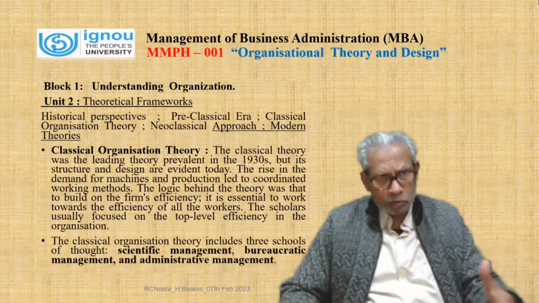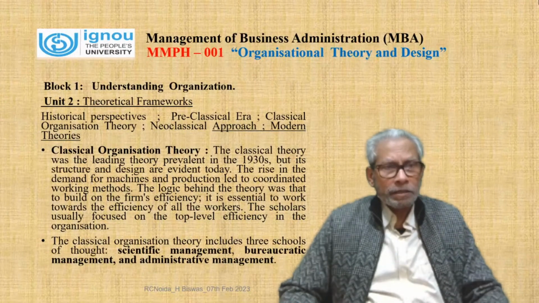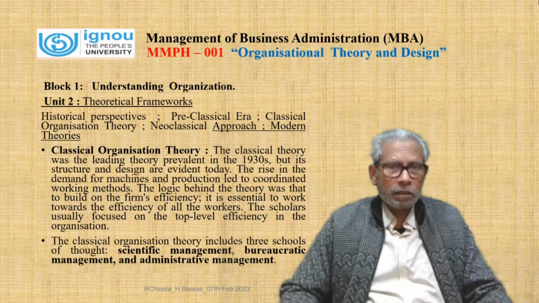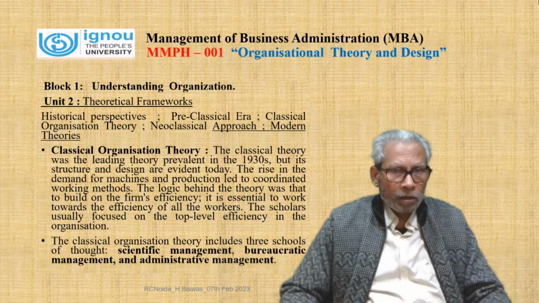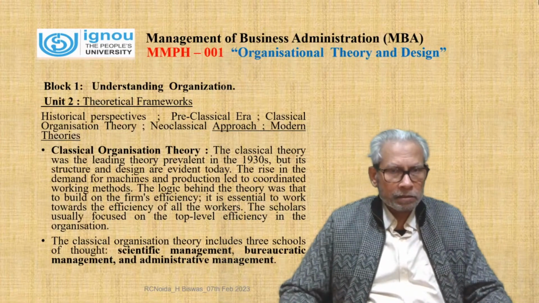Before that, in the slides so far, we have discussed the pre-classical era. Now we are entering the classical organization theory. The classical theory was invented in the 1930s, but its structure and design are still relevant today. Even though it started in 1930, it still exists. That is the meaning.